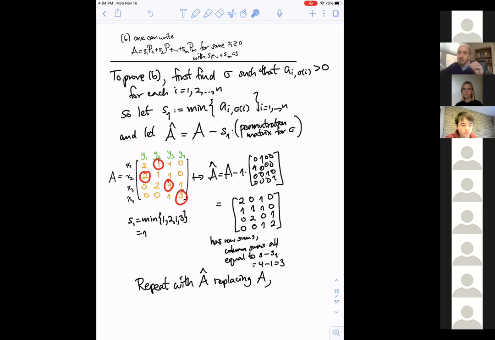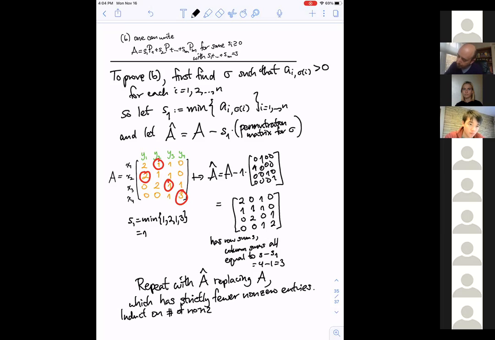It's a combination of permutation matrices with little s_i's that sum up to S. So I'm leaving out some of the steps in the induction and checking that all works, but I hope you could supply that yourself if you think about it.